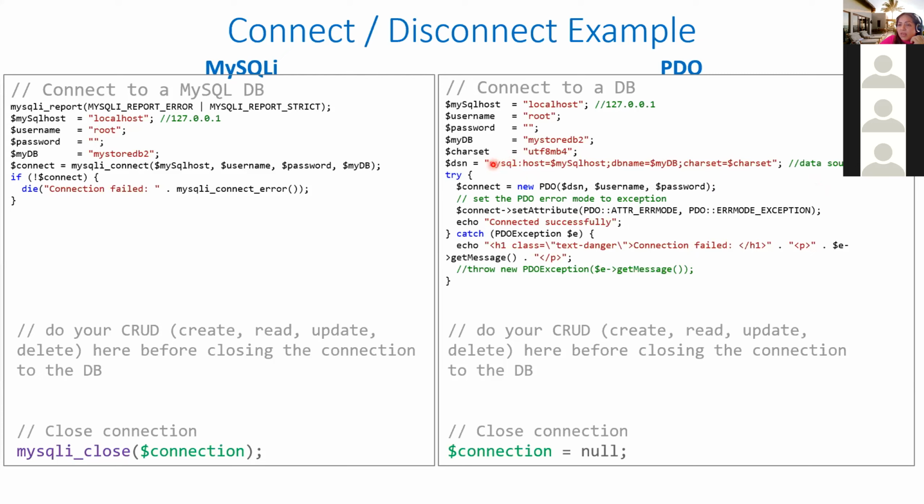This DSN depends on the database. So for example, if you connect to Oracle, it should be different. I don't know what should be in Oracle, but it should be different, because here we are saying that we are connecting to MySQL. So the way that you do it with MySQL is like this. You have the host and the address of the host, the database name, and the character set.